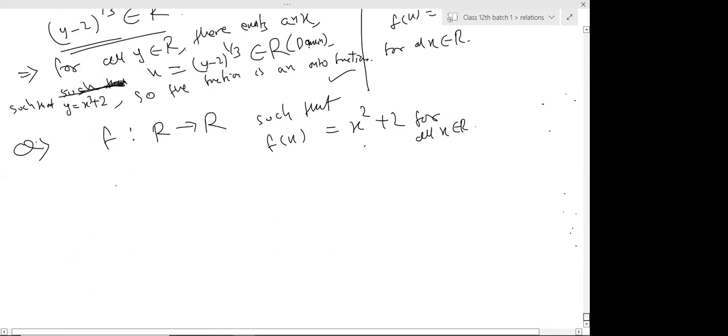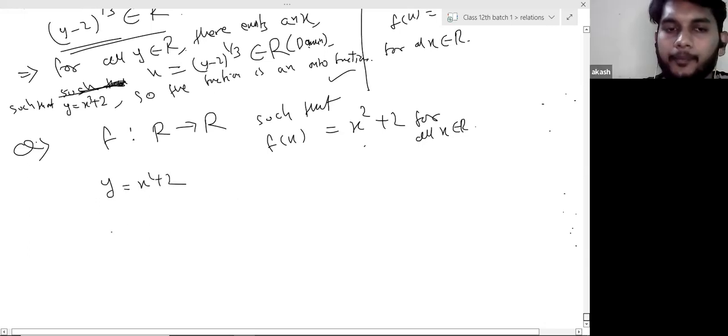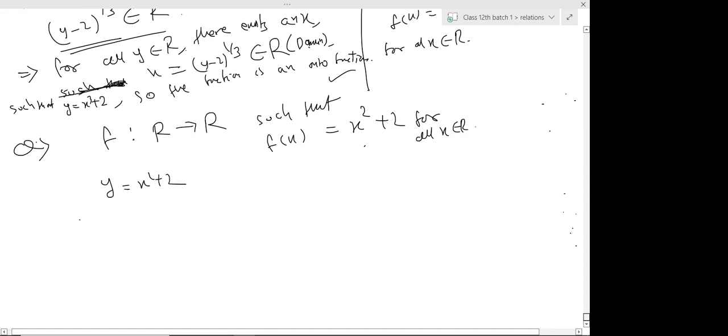So y is equal to x square plus 2. All right. Then x square will be equal to y minus 2. And then x will be equal to y minus 2 the whole raised to 1 by 2. So this is even, 2 is even. So its root value will be imaginary.